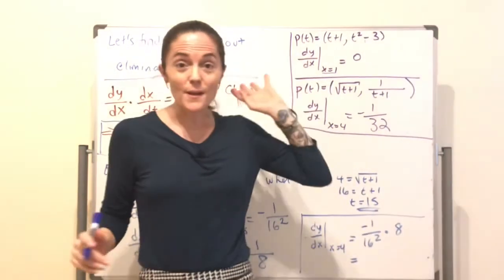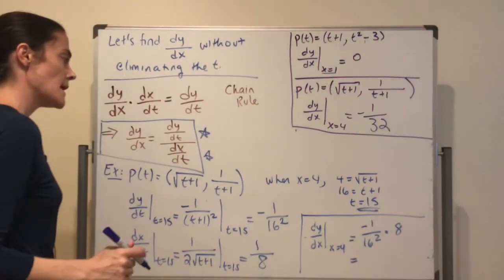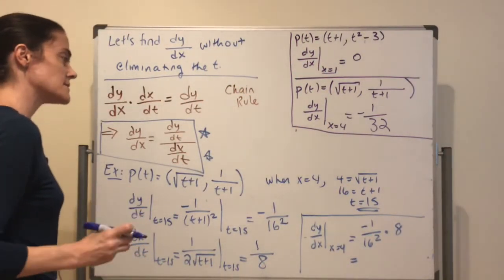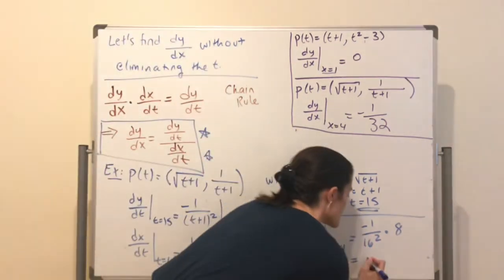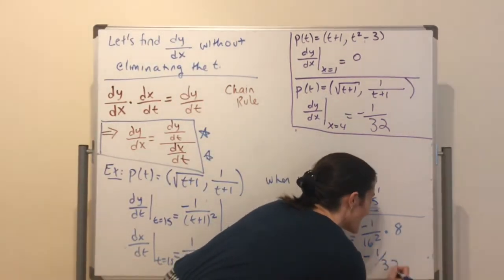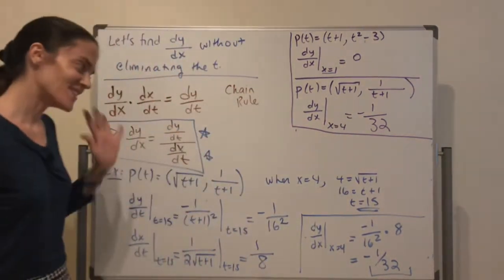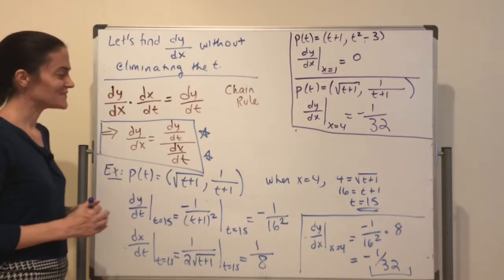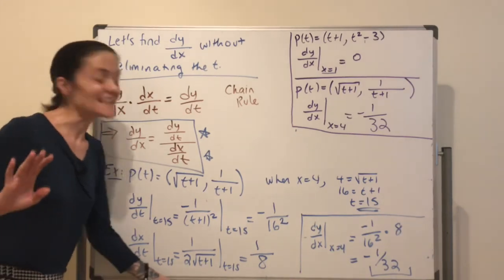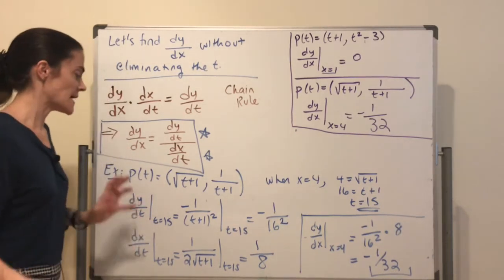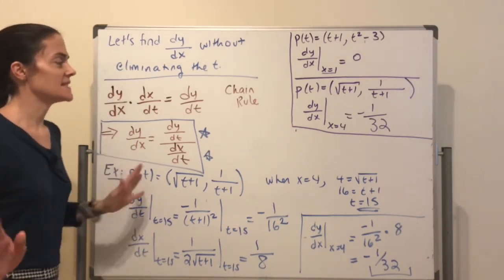We invert and multiply. And what do we get here? Well, we have a 16. Very nice. It's exactly what we calculated before: negative 1 over 32. Yet again, you notice I did not eliminate the t.